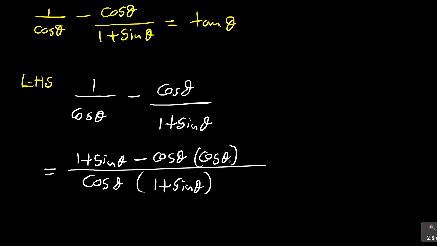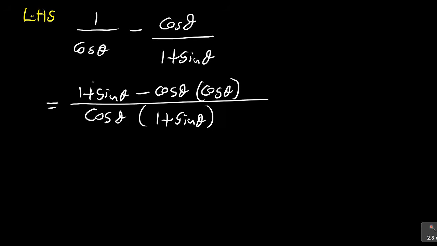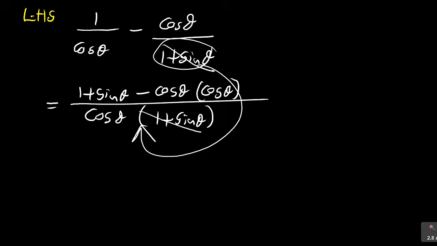Guys, this is how when you're solving fractions, that's what I'm doing here. So it's this into that, you'll cancel that to be left with that, and you multiply with that. That's why it's cos theta.